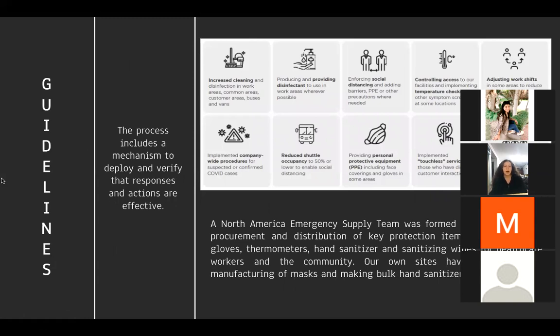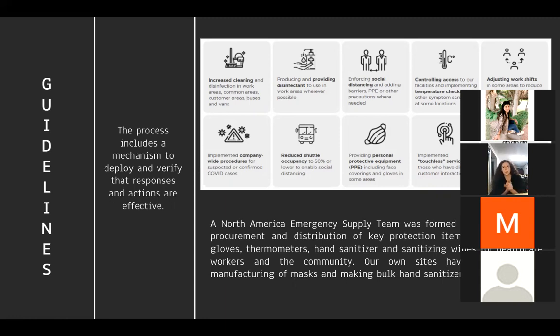So now about the guidelines that Tesla itself has released, we can see that this photo shows the basic steps on what to do. These guidelines are a 6-step process, and it's supposedly to deploy and verify the responses and actions, and that actions are effective.